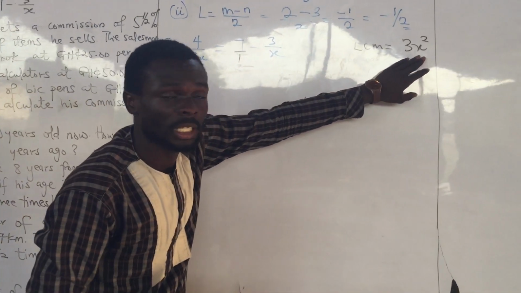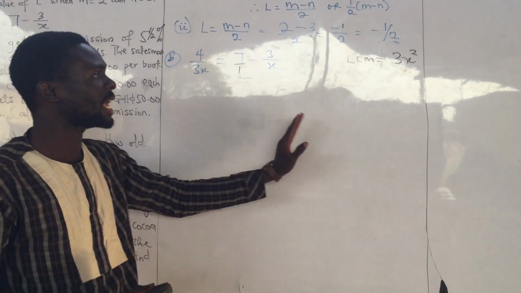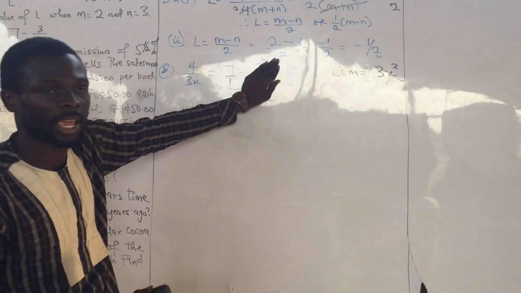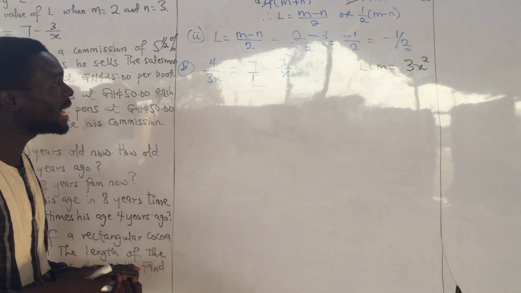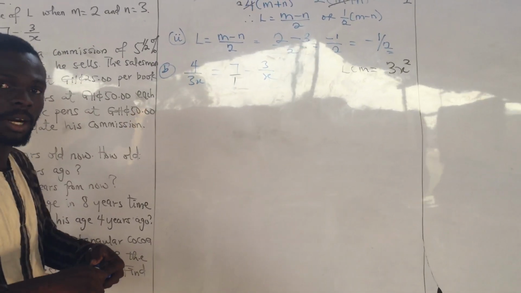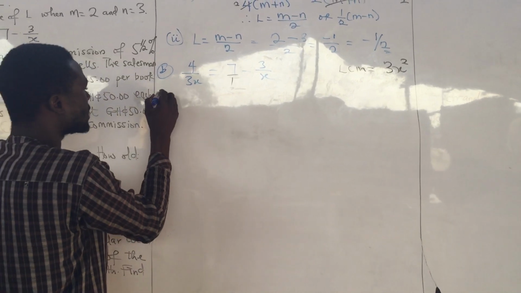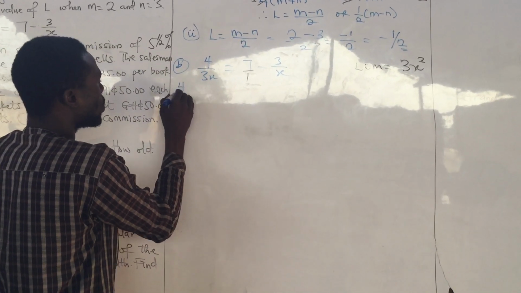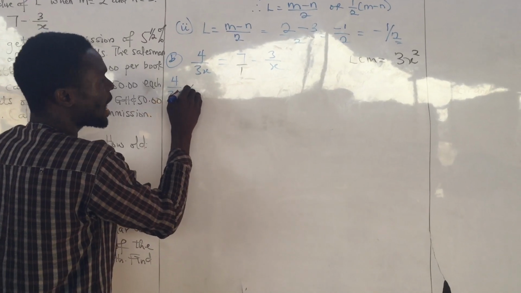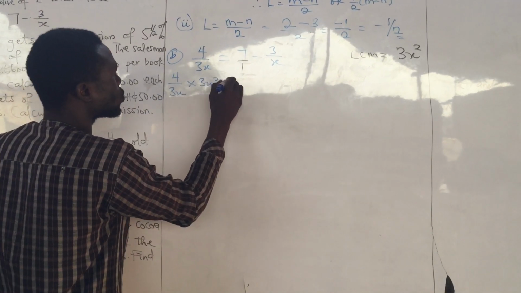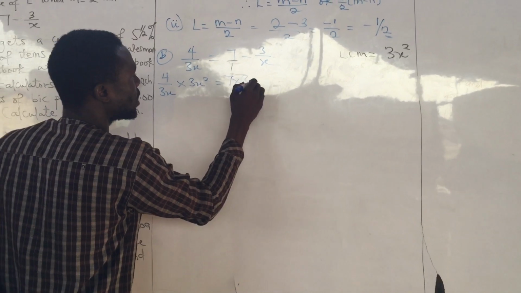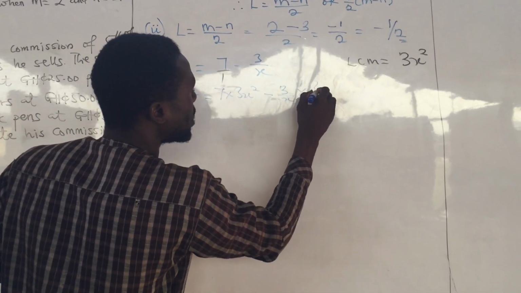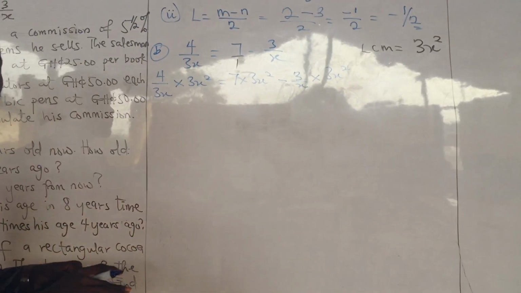Now having your LCM, multiply each of the terms by the LCM. We have 1, 2, 3 terms. So we are going to multiply each of the terms by the LCM. So we have the first one, which is 4 over 3x multiplied by the LCM, 3x squared. 7 times the LCM, minus 3 over x times the LCM, 3x squared.